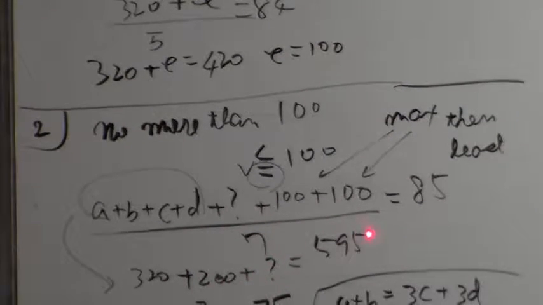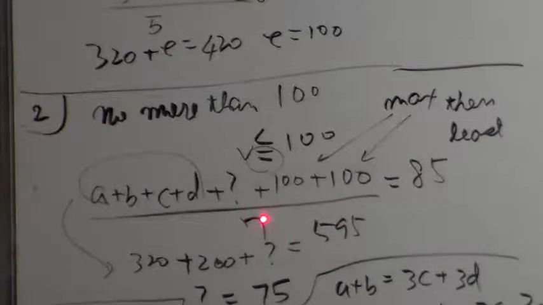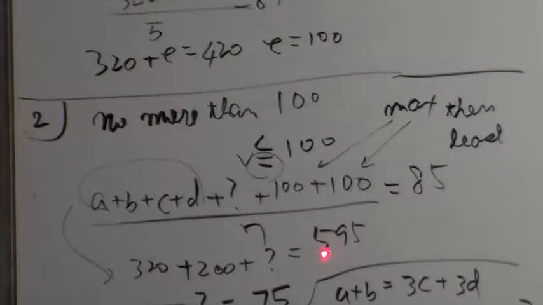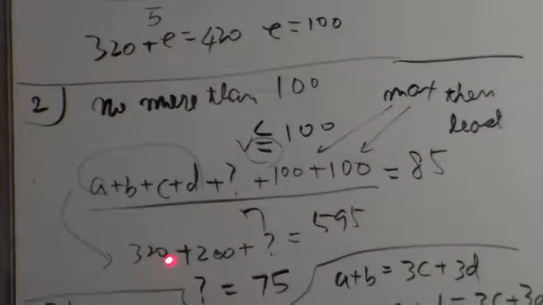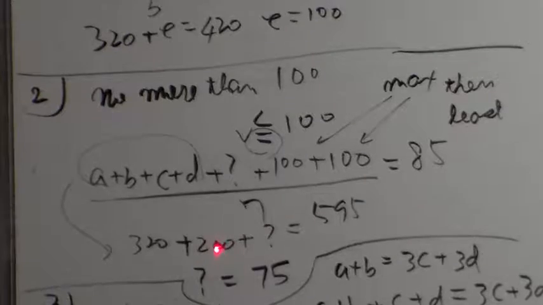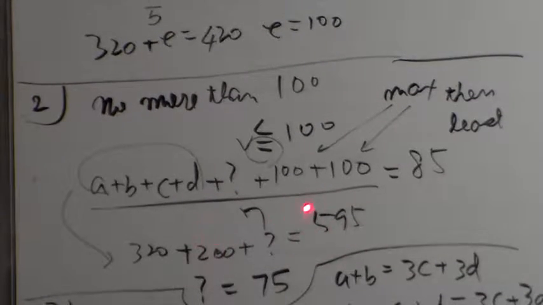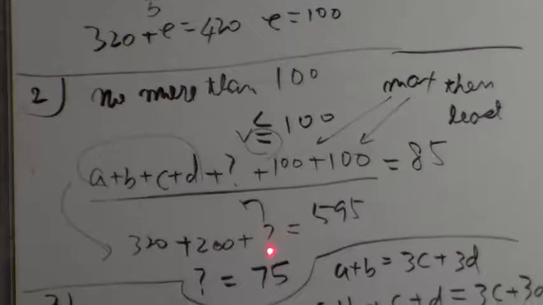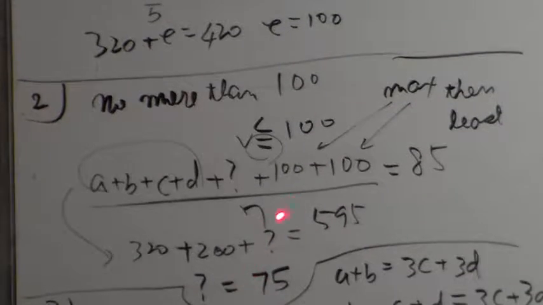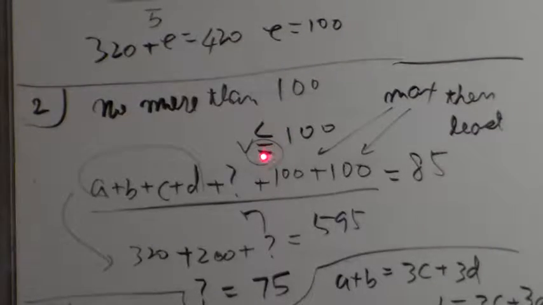Question right there is, okay, 7 times 85 is 595. Then from here, 320 plus 200 is 520. Then move this to the other side. The answer is 75. Okay, point is this one, no more than 100, usually includes 100. Okay.